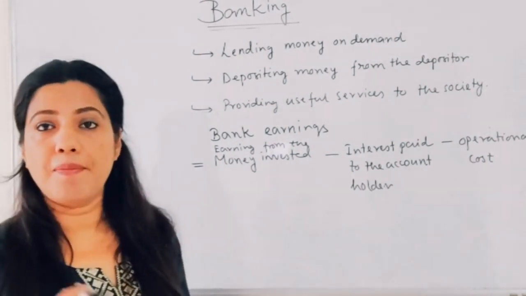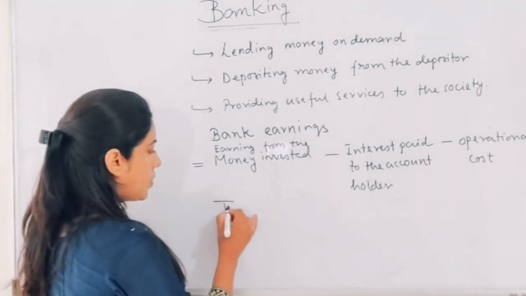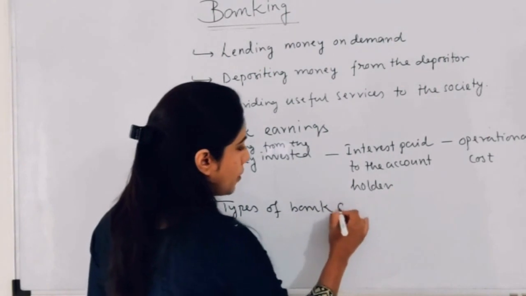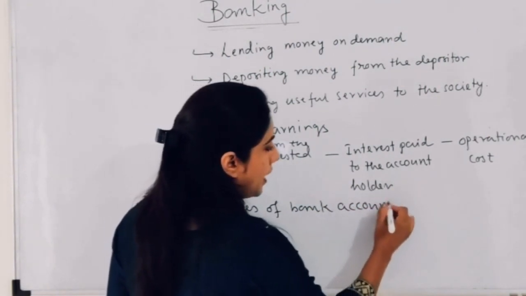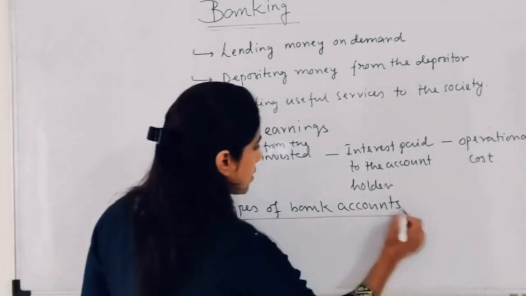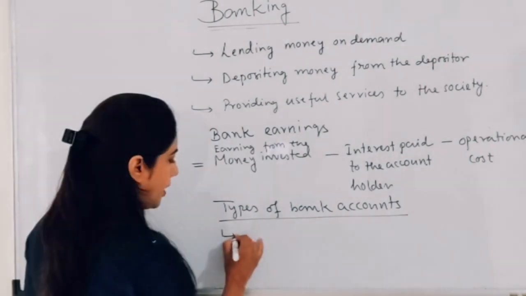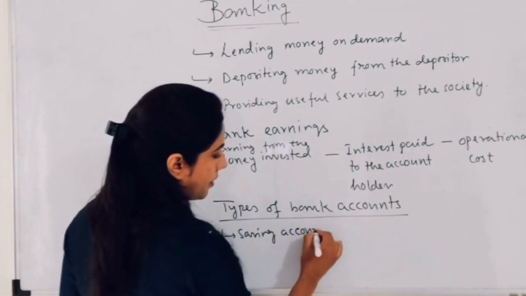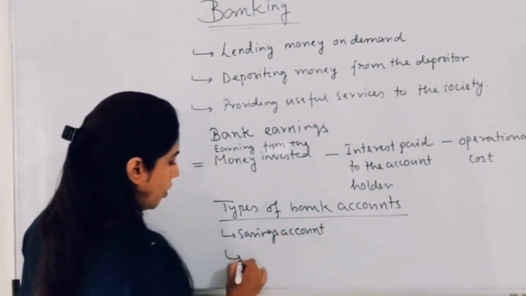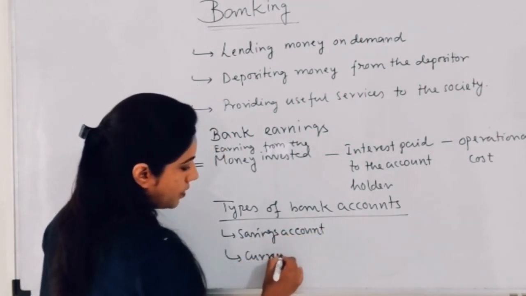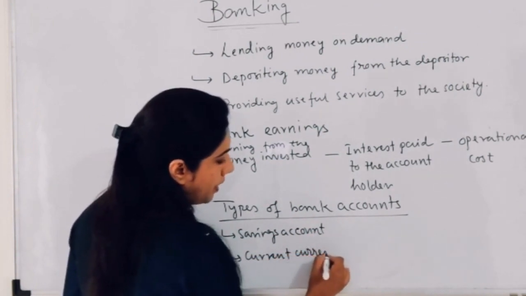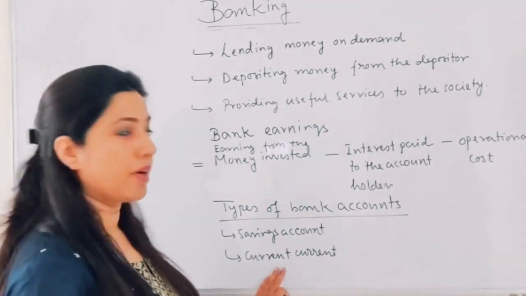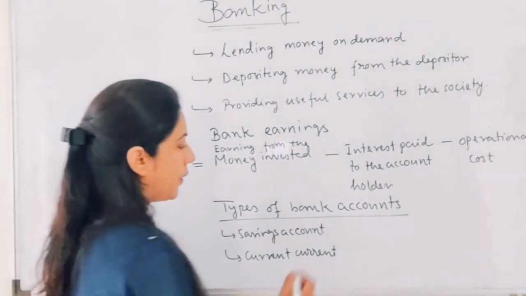Let us talk about the types of bank account. So there are different types of bank accounts. Among those we have the savings account. We have the current account. Current account is normally used for business, by the person who does business, for daily transactions and all that.